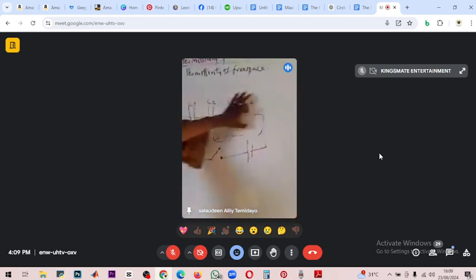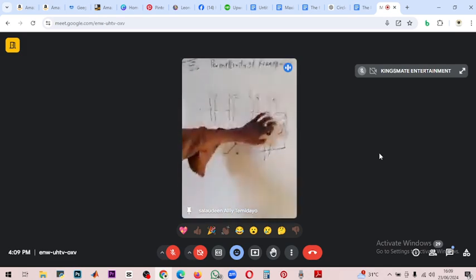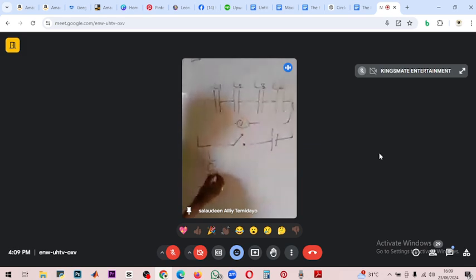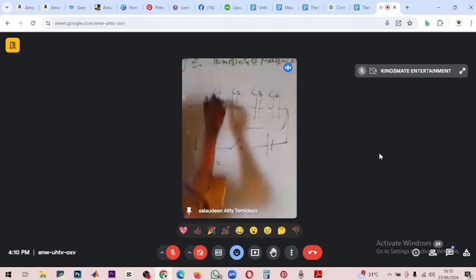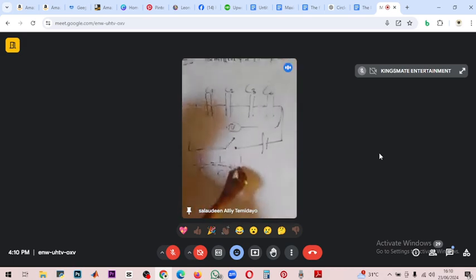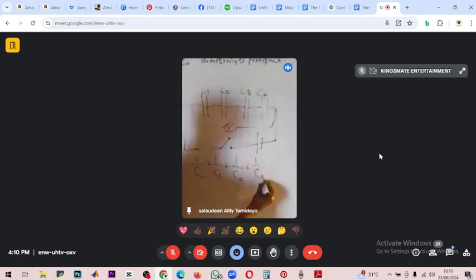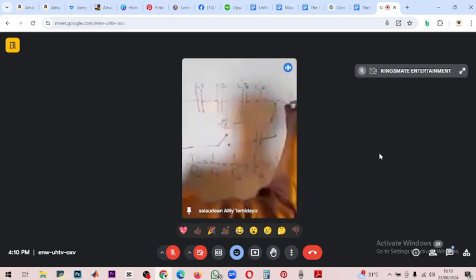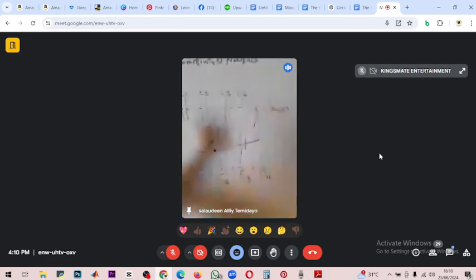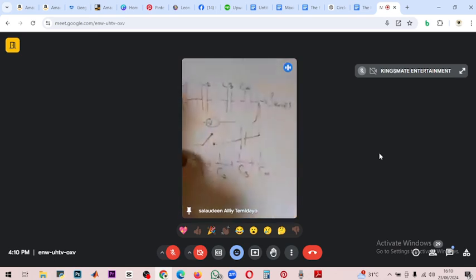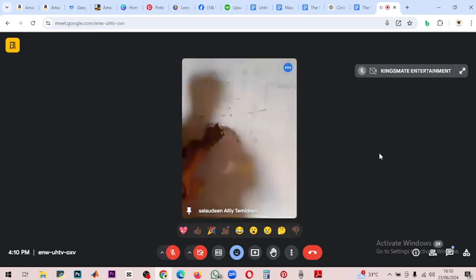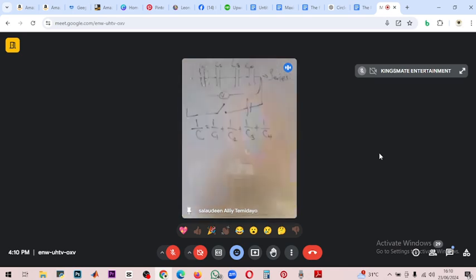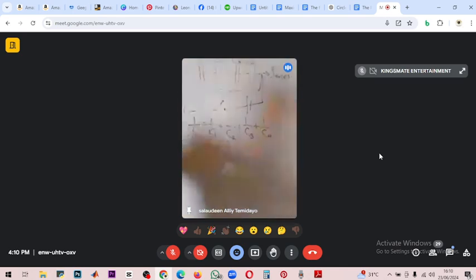To know the equivalent capacitor in this circuit, we say 1 over the equivalent capacitor is equal to 1 over the first capacitor plus 1 over the second plus 1 over the third plus 1 over the fourth. Why are we doing this? Because they are connected in series. For series connection of capacitors, the reciprocal of the equivalent capacitor is equal to the sum of the reciprocals of the capacitors that made up the circuit.